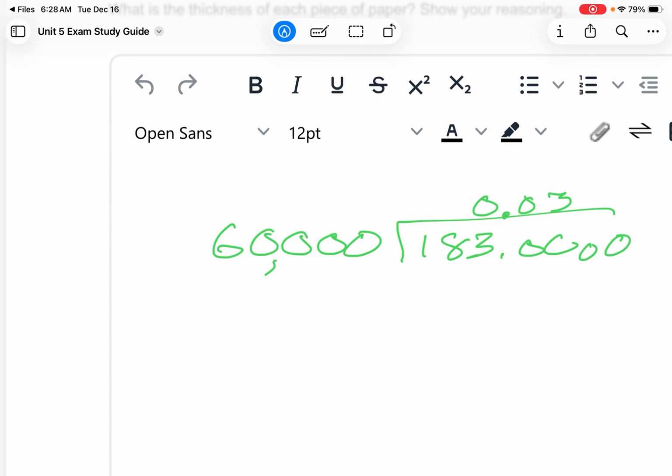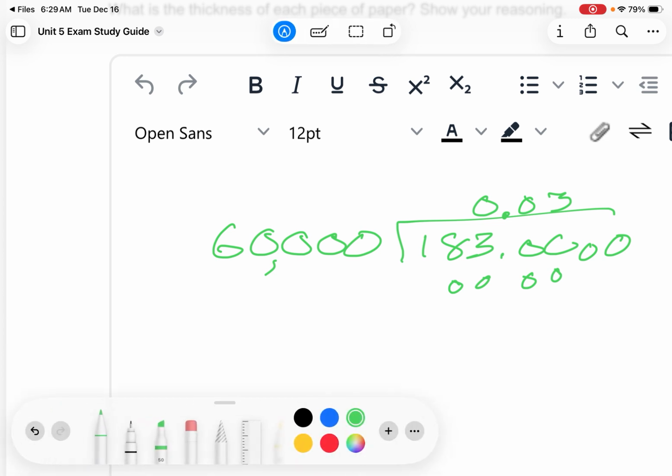Alright, so continuing this. And so 3 times 60,000, oh, that's 180,000. And so that was my mistake. It is not 60,000, that is only 18,000.